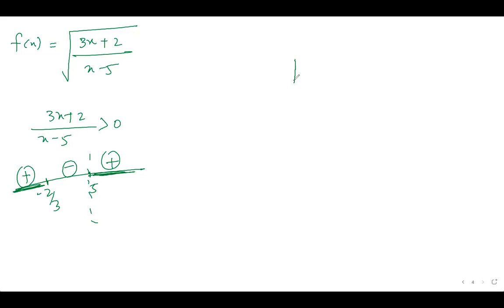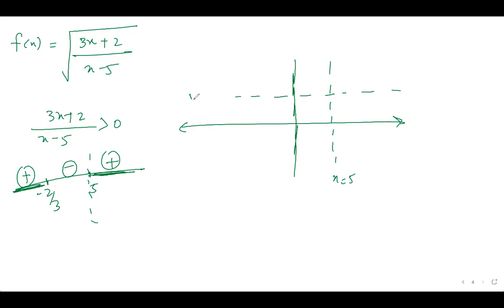But actually, if you look at the graph, at x equals 5 I have a vertical asymptote, and y equals 3 is the horizontal asymptote. Obviously you know how to find the horizontal asymptote by just taking the ratio of the coefficients.